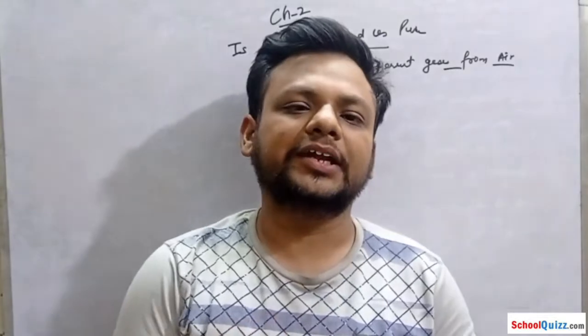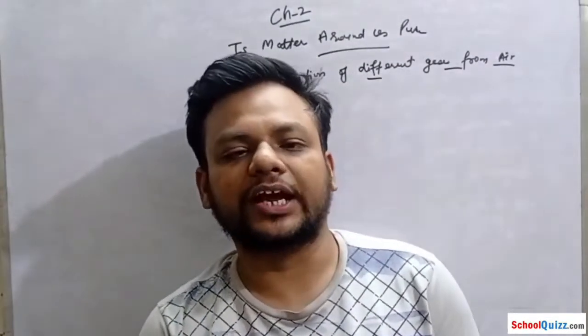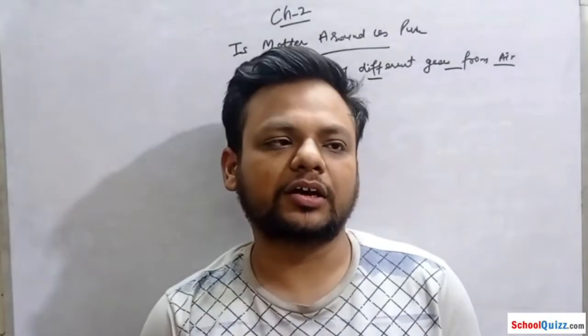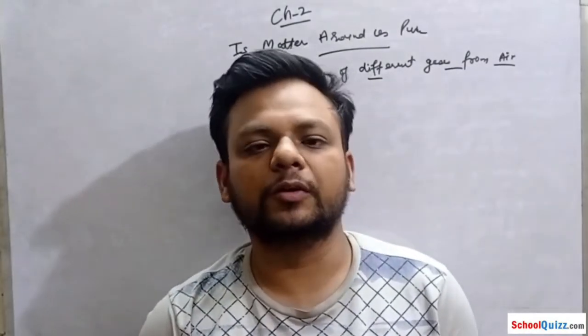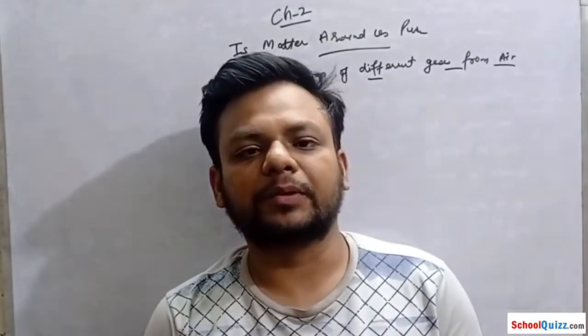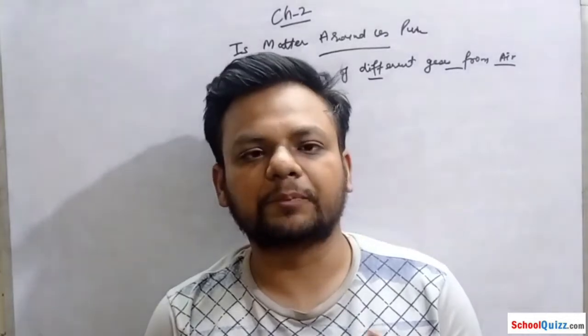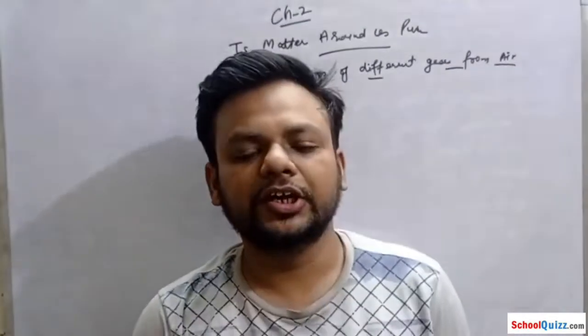As we know, air is a mixture of gases in which several gases are present. Most of the gas present in the atmosphere is nitrogen, about 78%. Oxygen is also in a very huge amount, about 20.9%. Argon gas, water vapors and dust particles are also present. So we have to separate gases from air.